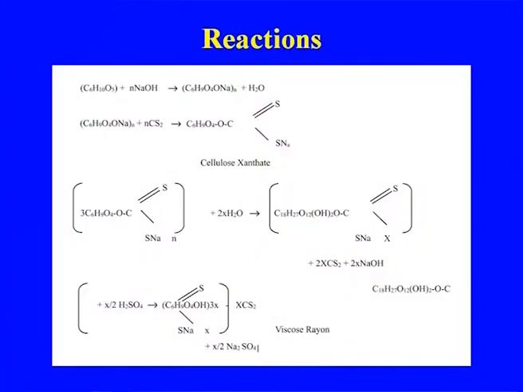This is the reaction that is taking place: cellulose with NaOH gives sodium cellulose, and after reacting with carbon disulfide, you get cellulose xanthate, and from this cellulose xanthate again we get the regenerated cellulose in the form of yarn.